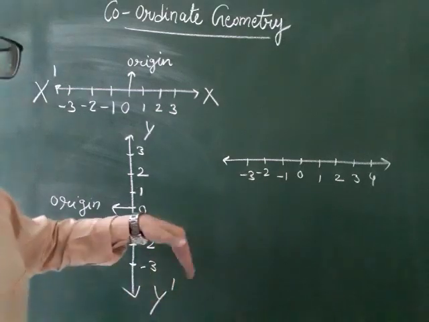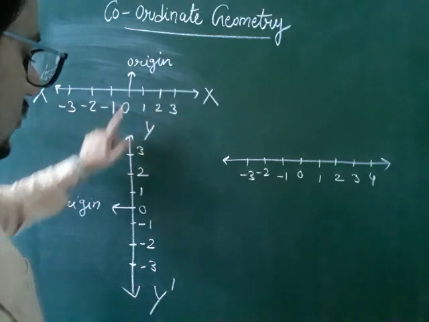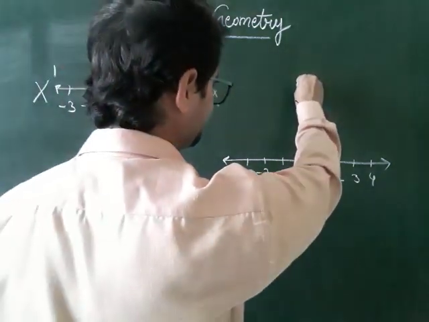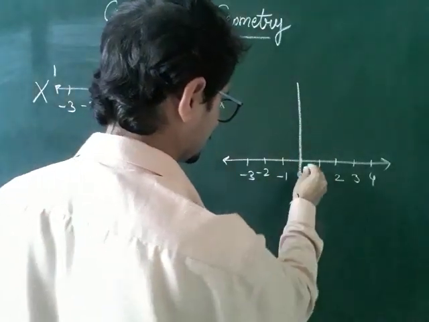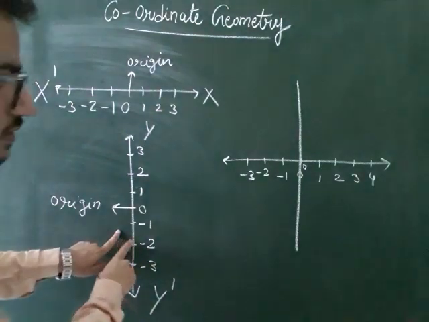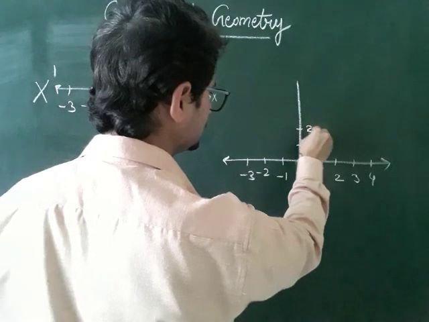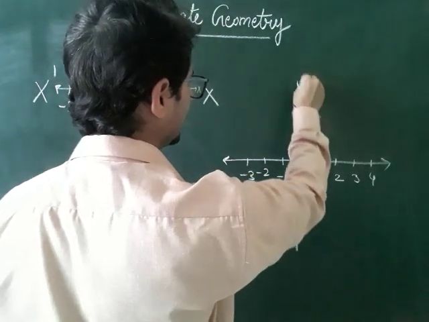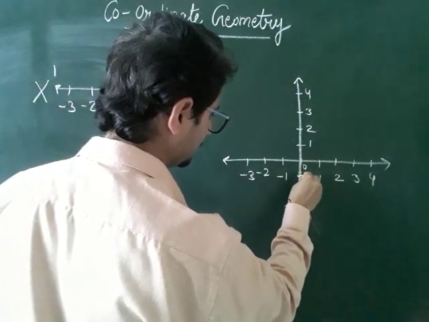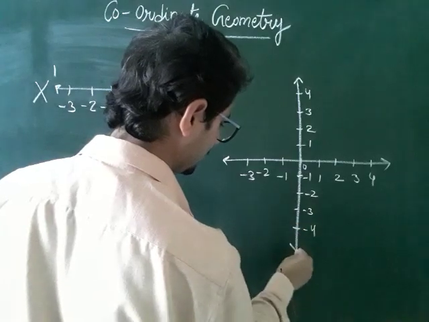Coincide means they will overlap each other. Overlapping means ये 0 और ये 0 दोनों एक ही पॉइंट पर आनी चाहिए, like this. This is your vertical number line. Here you will write positive integers 1, 2, 3, 4 and so on, and here you will write negative integers -1, -2, -3, -4 and so on.